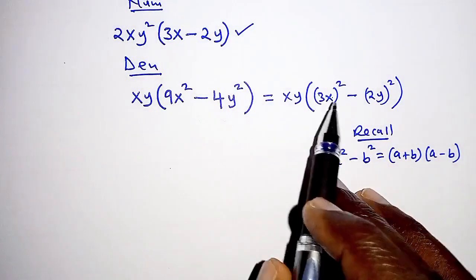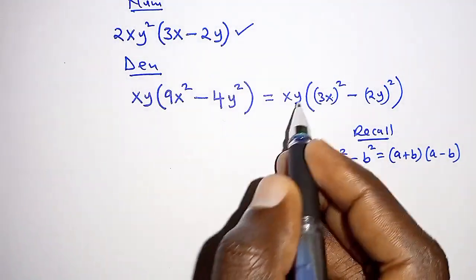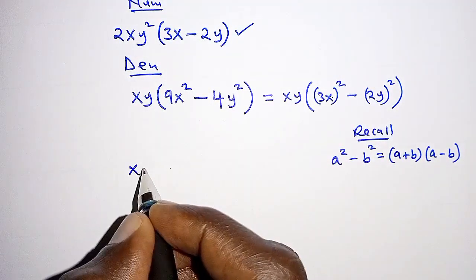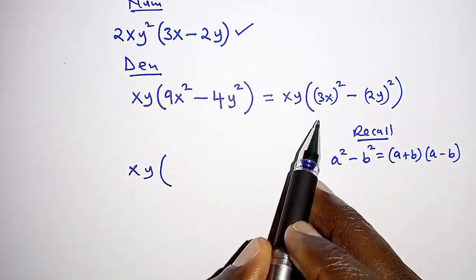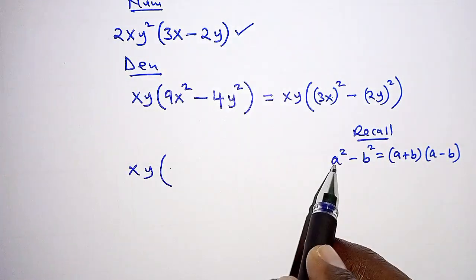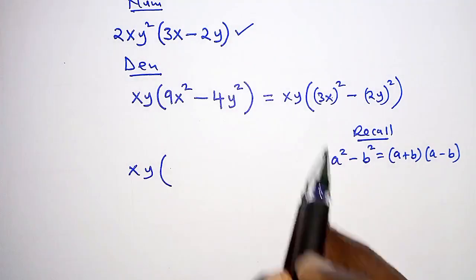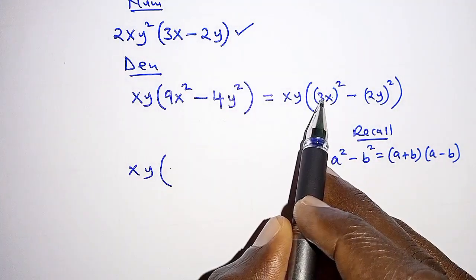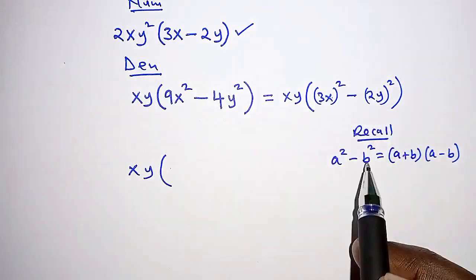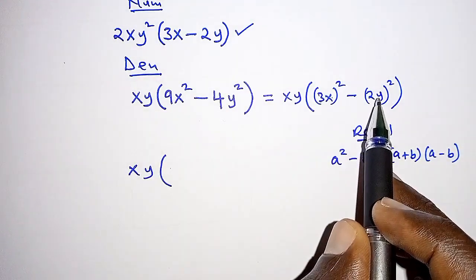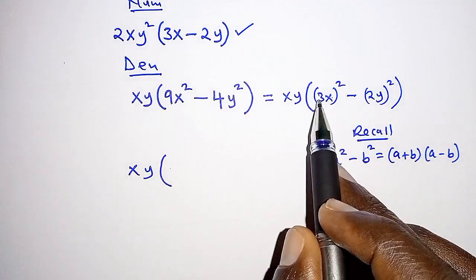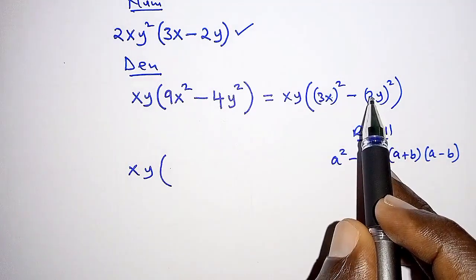Now applying that here, we will have xy into, now 3x is our a in this case. Remember, we have a squared and here we have 3x squared. Again, we have b squared and here we have 2y squared. So a is 3x, b is 2y.